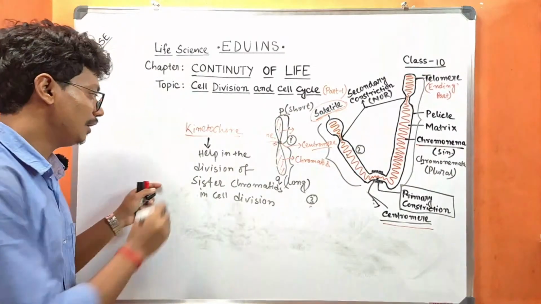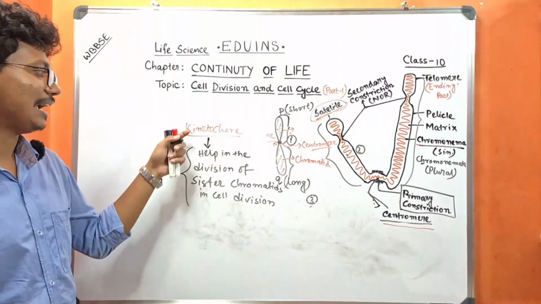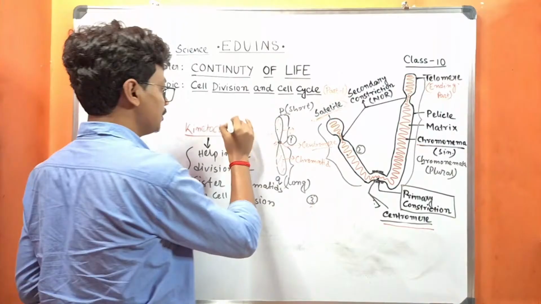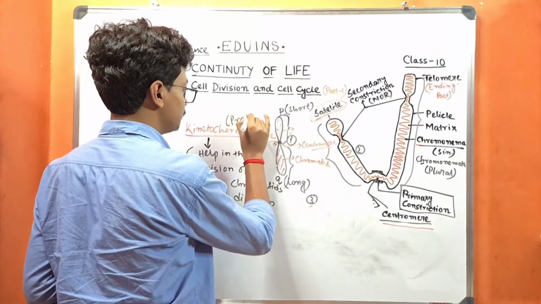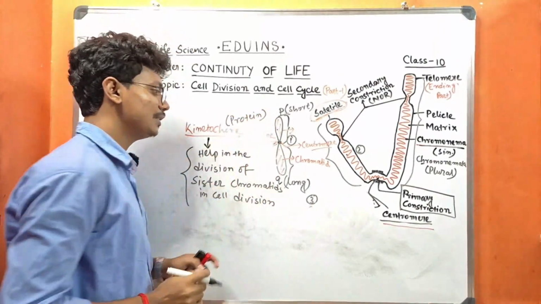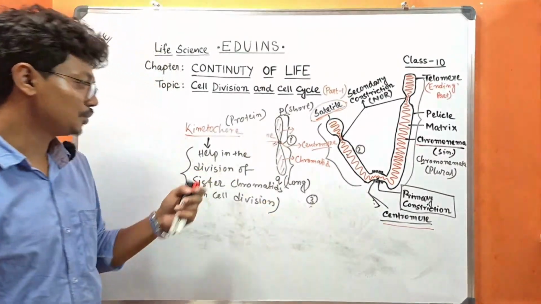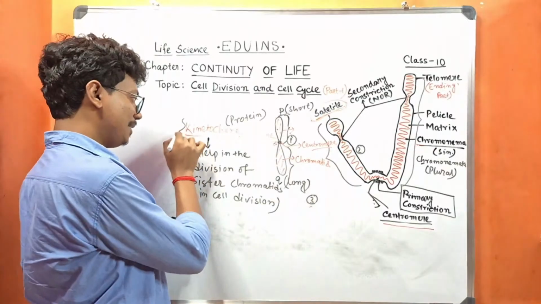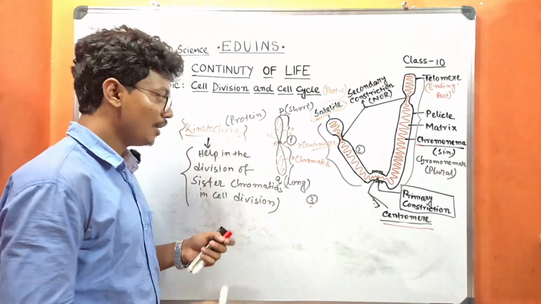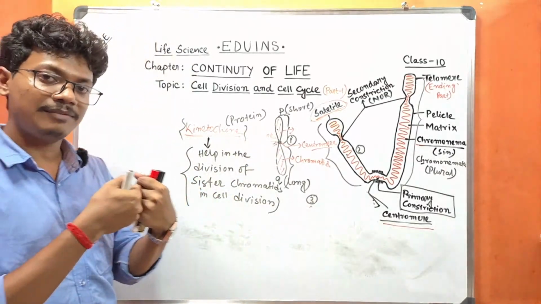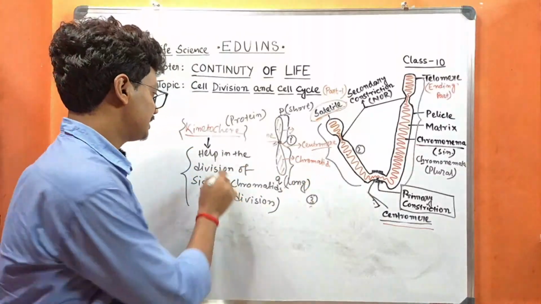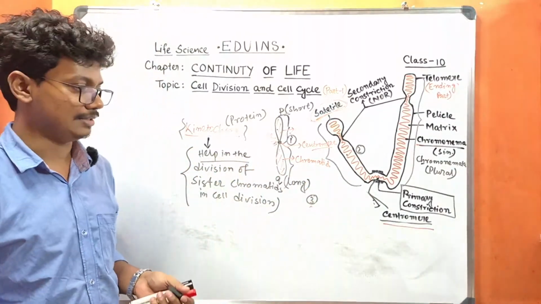Kinetochore is a special protein which helps the cell divide the sister chromatids. It is mainly a hook-like structure which attaches to the spindle fiber and separates the sister chromatids.